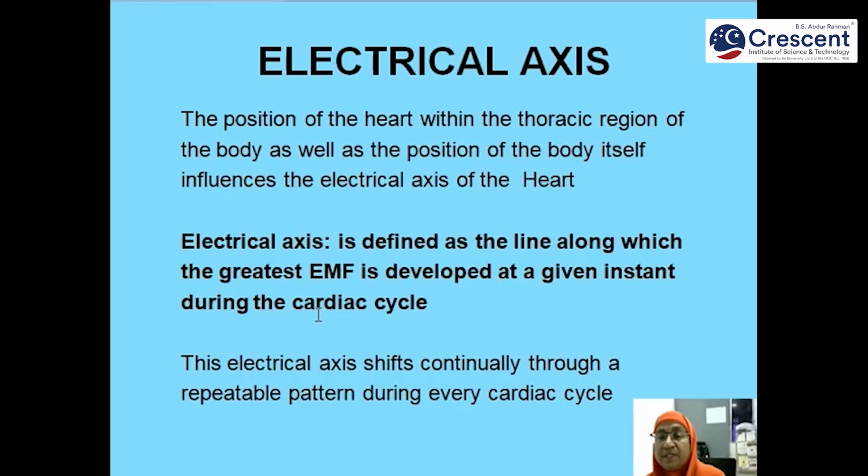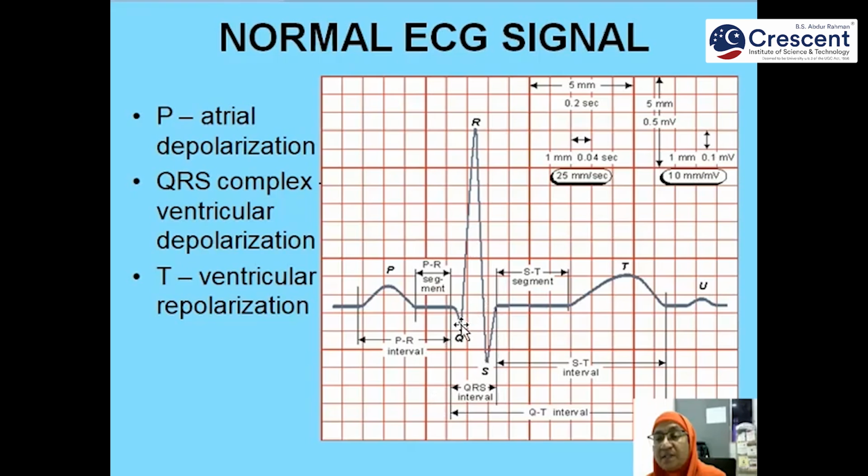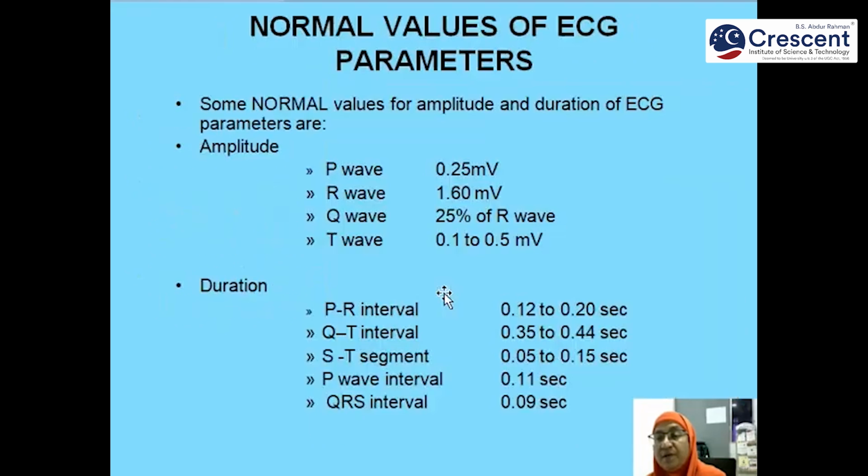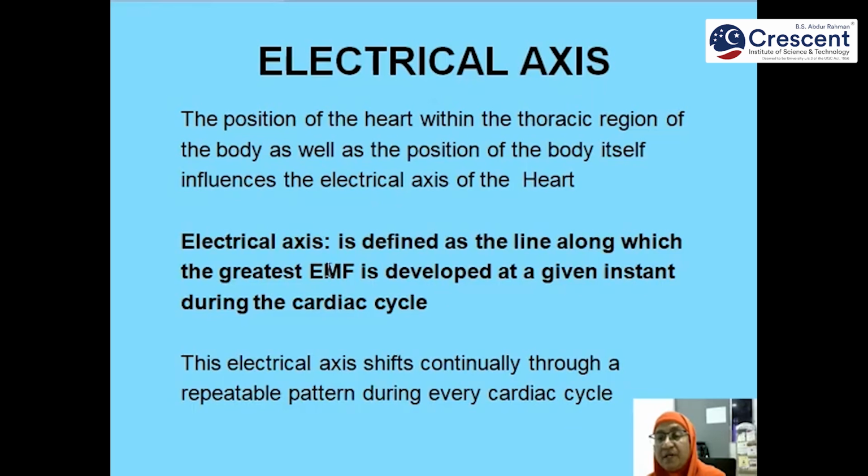You must know what the electrical axis is for measuring the ECG. It is defined as a line along which the greatest EMF is developed at a given instant of time during the cardiac cycle. That greatest instant of time gives us the magnitude of the different waveforms, and that is how we study the ECG signal.